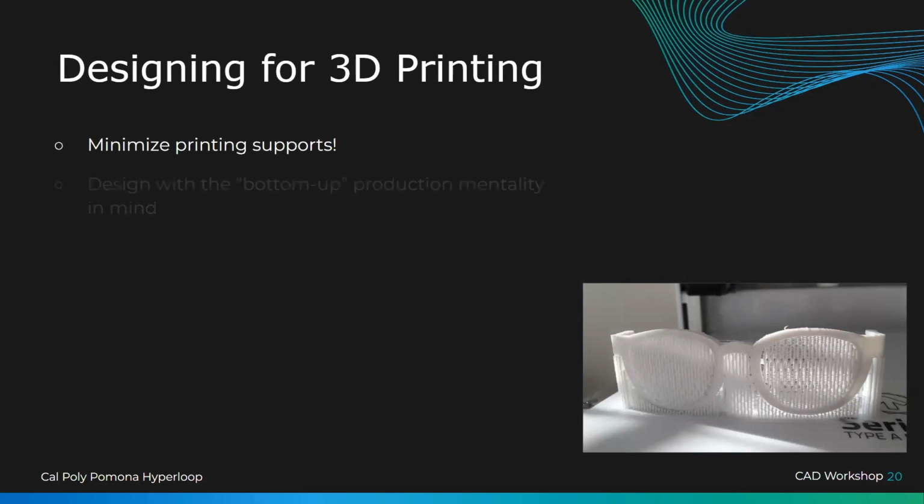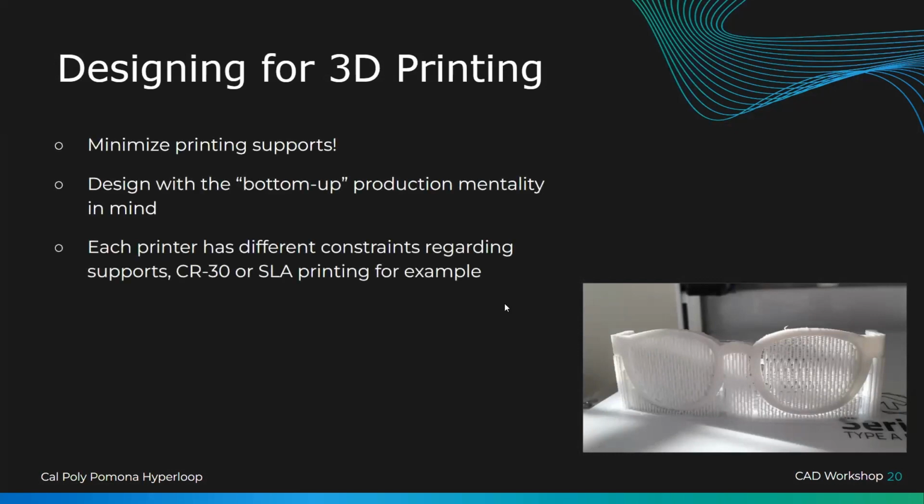Designing for 3D printing specifically, try to minimize print supports. You can see this, the glasses right here. Do you think there's another way that could have been printed to avoid all these extra supports?